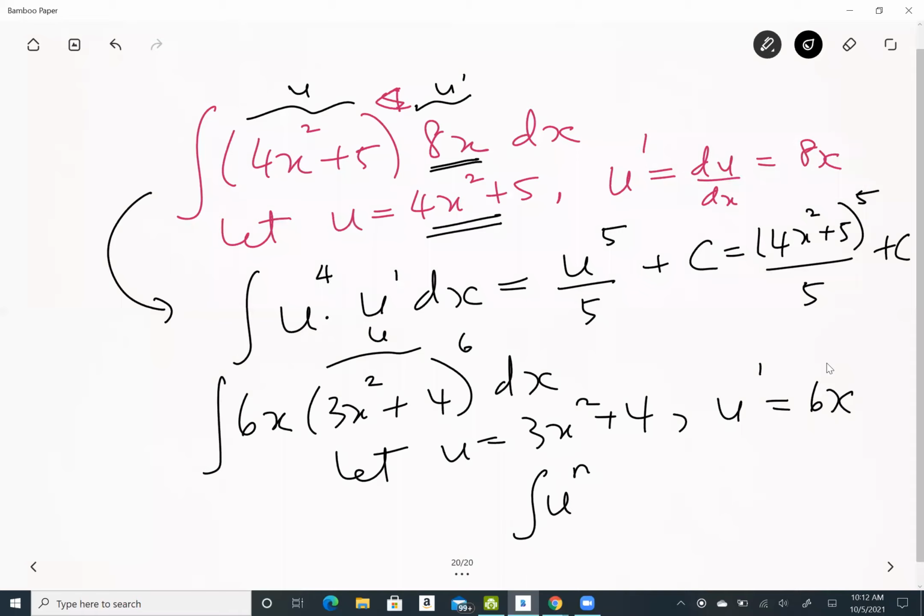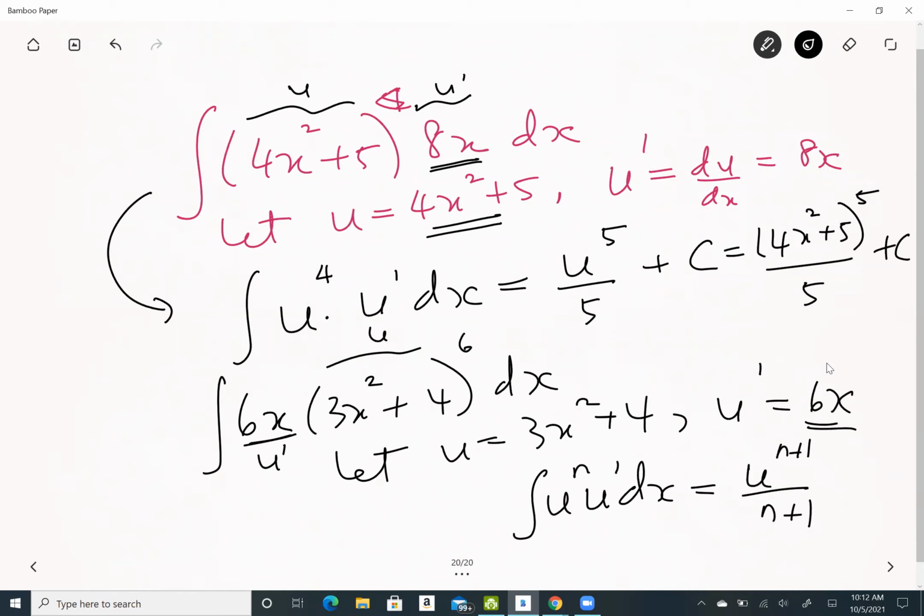You get the form u to the power of n, and then 6x. Now 6x is the u prime. So I have the form u to the power of n, u prime dx. And you know that the integral will be equal to u to the n plus 1 over n plus 1.